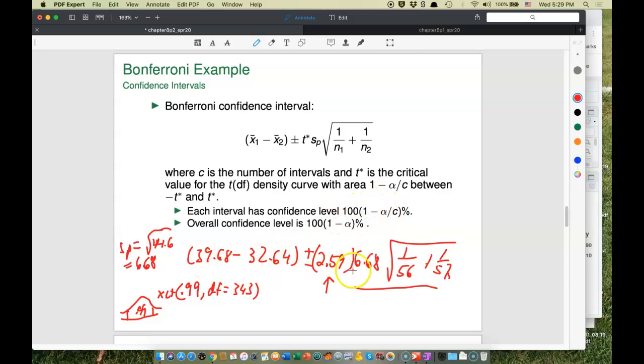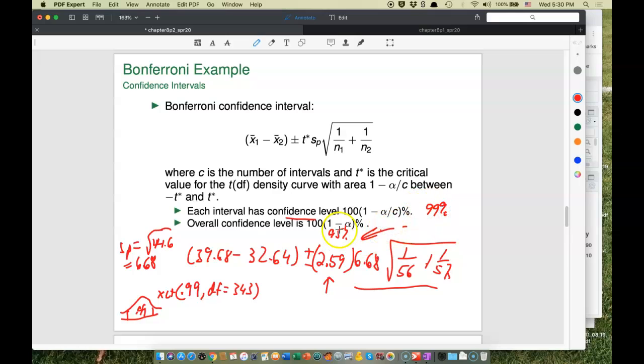So if we use this interval for every comparison of the 5 that we were going to do, then we'd say that overall we're 95% confident that all of them are correct. So the overall confidence level is 95%. Every pairwise interval is going to be 99%, right? So I did this one.